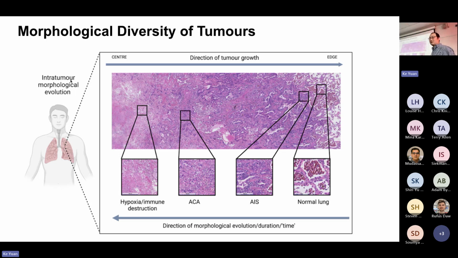We're ranging from just completely normal lung to an early stage of adenocarcinoma to a very late stage where you have immune destruction and basically hallmarks of the patient not doing very well.